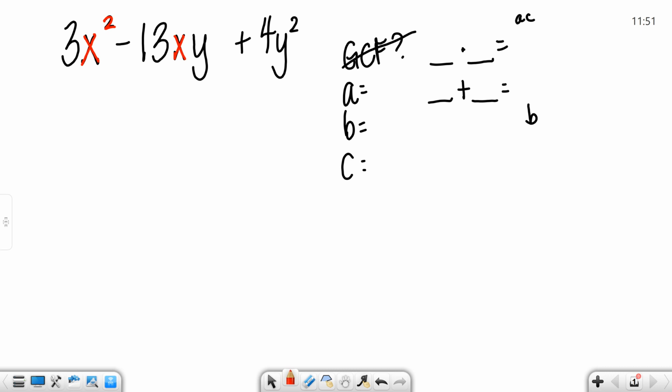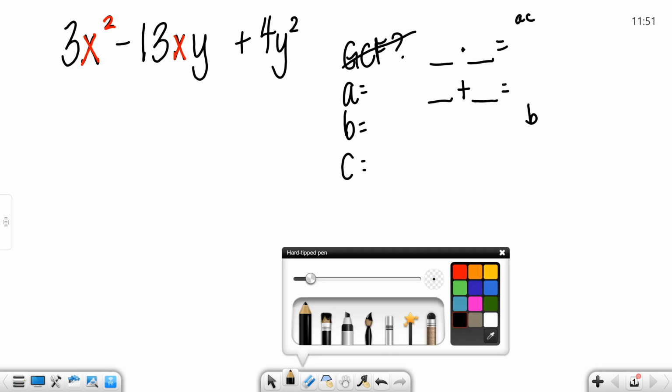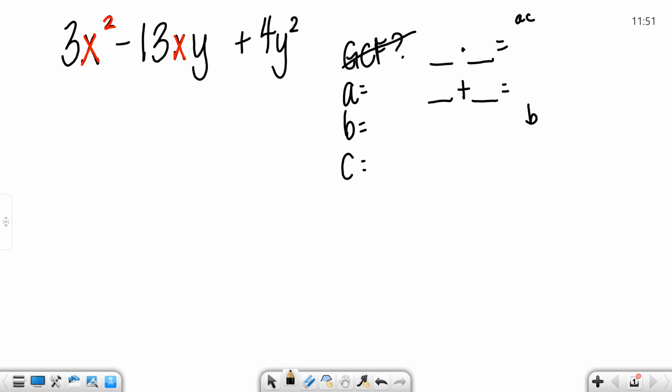My variable here is x. So when I decide what A is, it's everything other than x squared, so it's 3. It's the coefficient of x squared. B is everything other than x, so negative 13y. And C is everything you see there, 4y squared.